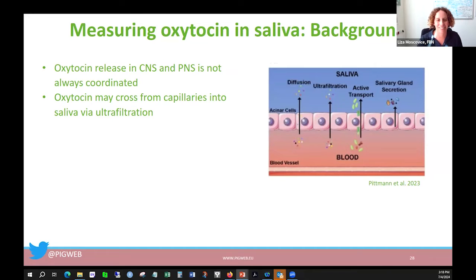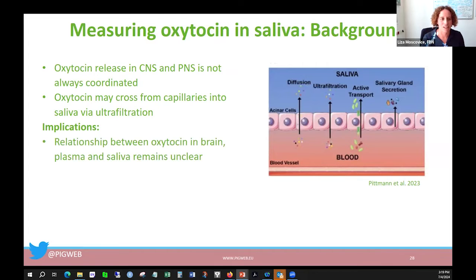And so that led to this idea that oxytocin is passing into saliva from blood capillaries through a process called ultrafiltration, where you just basically see that example here. It's basically slipping in through these junctions in between cells. And that's the established idea about how oxytocin is getting from blood into saliva, but there's still a lot of questions about this.